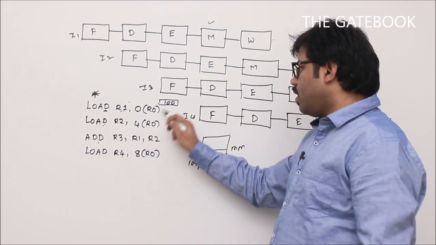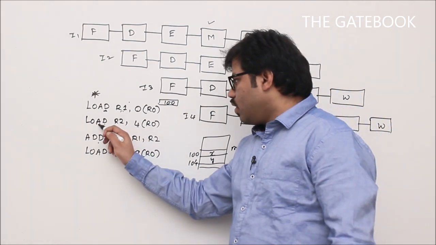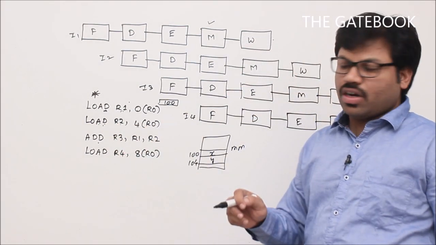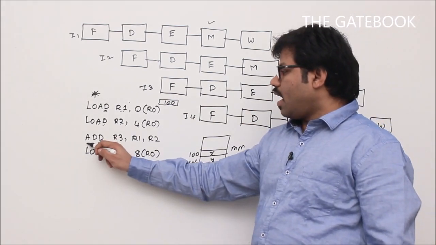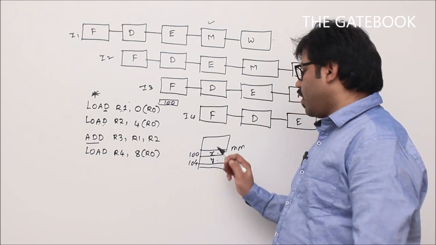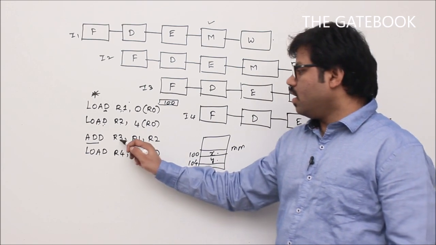Because R0 is still 100. So 104's content is Y. Then this load instruction is loading R2 with Y, because value at 104. Now then later add instruction is adding R1 and R2 values which are nothing but X plus Y. So finally we are adding X plus Y, correct? And we are storing it in R3.